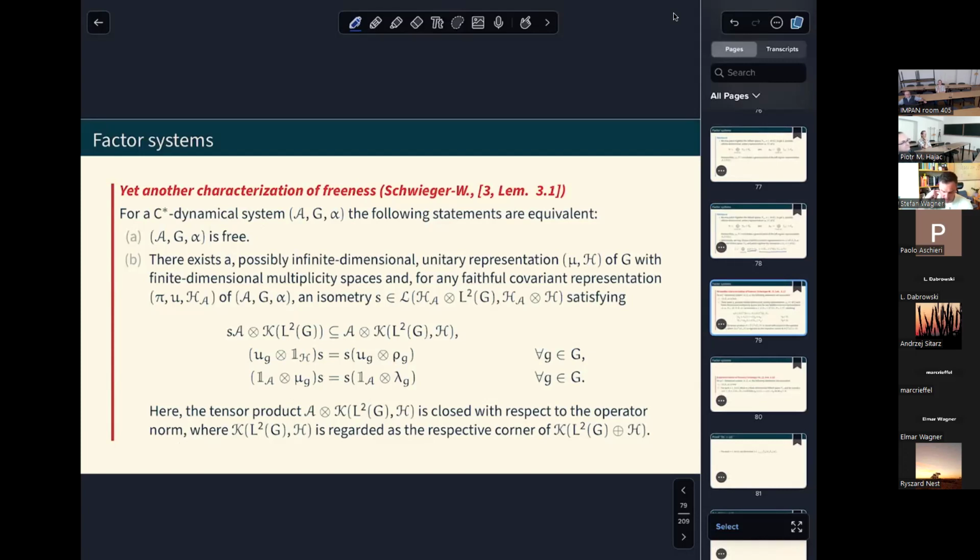So it's important that this representation has finite dimensional multiplicity spaces, and then given a covariant representation, you have these three conditions. The first says that S is a multiplier somehow, and then you have these equivariance conditions. This is something we're going to use later. Of course, it's a bit heavier to read, but it's very useful for applications.